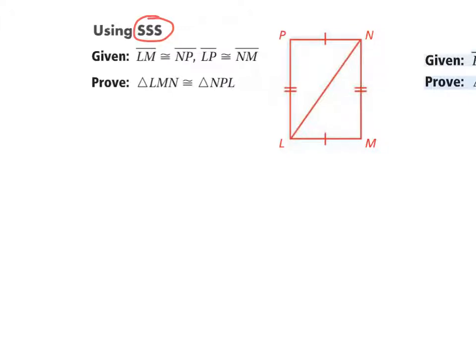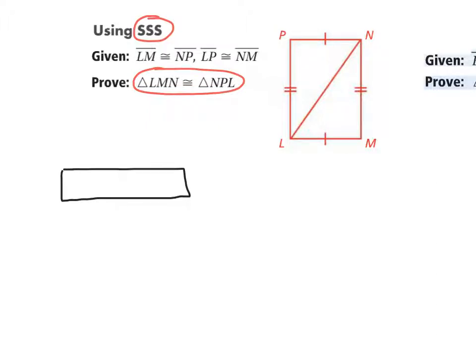First thing is first. Anytime you're proving two triangles are congruent in this class, you are going to have this structure in your flow proof. All right, give me a moment to draw the structure here.